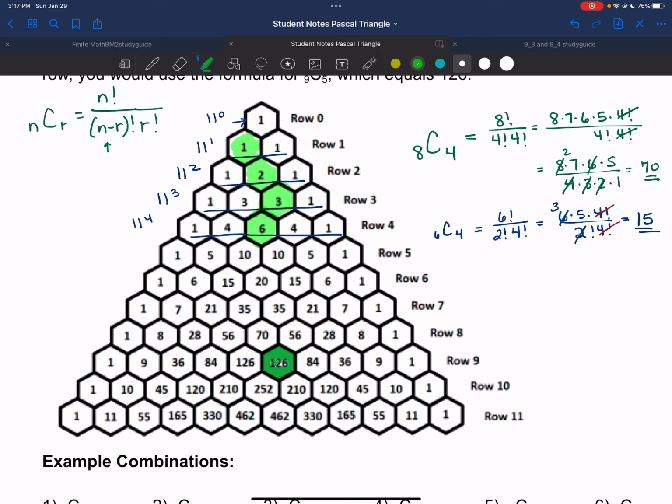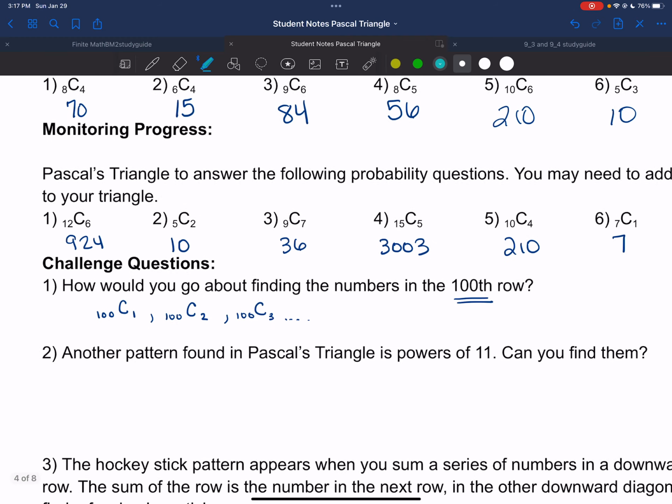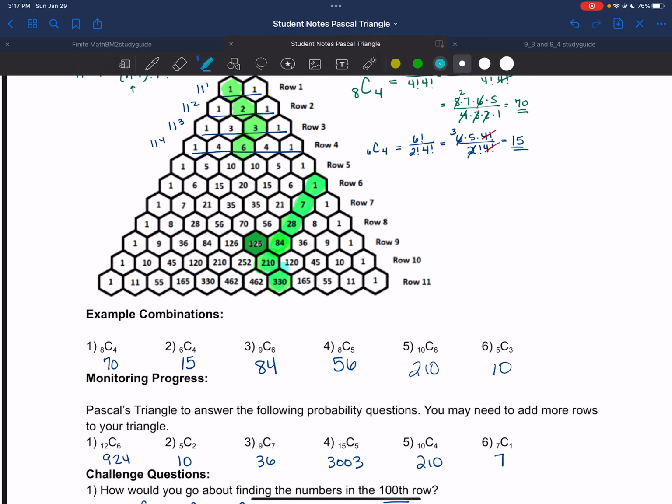I could also have, if I go from row 6, 1 plus 7 plus 28 plus 84 plus 210 is equal to 330. Okay, so that's another hockey stick. I probably should put that in a different color so that we can tell the difference between that and the green piece that's right there. Okay, so see if you can find some more hockey sticks, and those are the patterns that we're finding from Pascal's triangle.